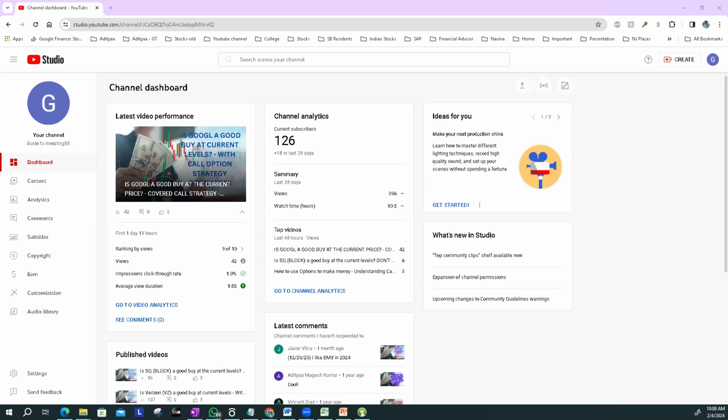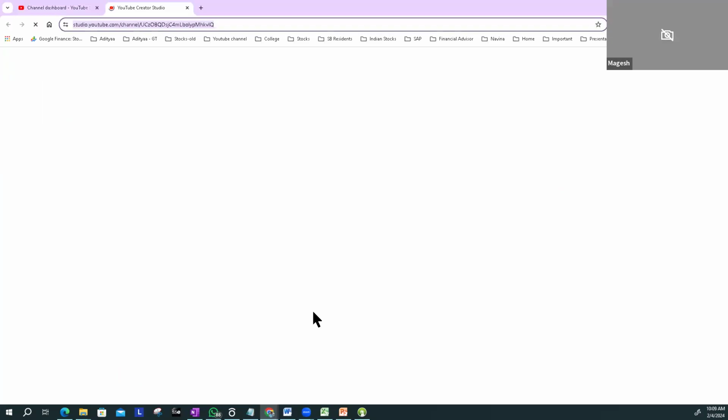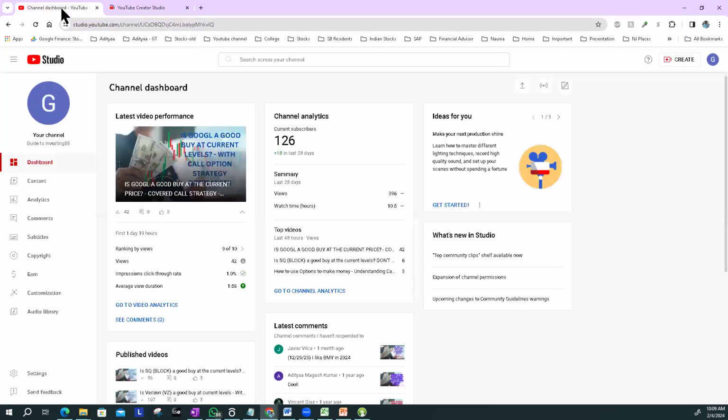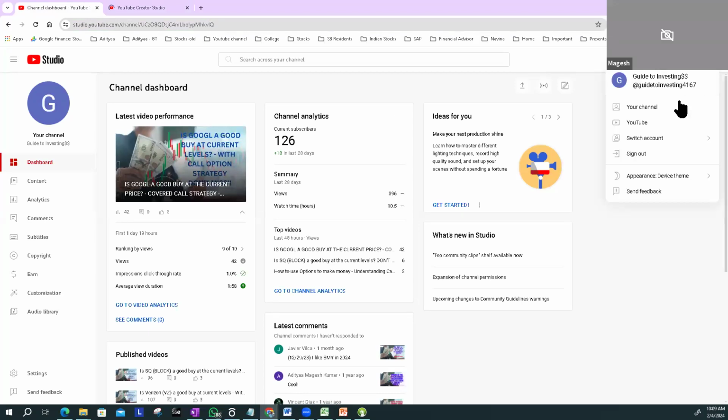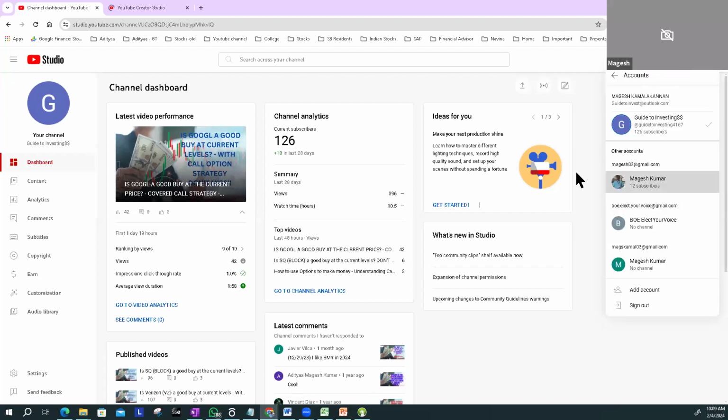Magesh, that link you put in, for some reason it says, oops, you don't have permission to view this page. Switch account or return to studio. Oh, okay, it's going to studio. Because I'm in this account.